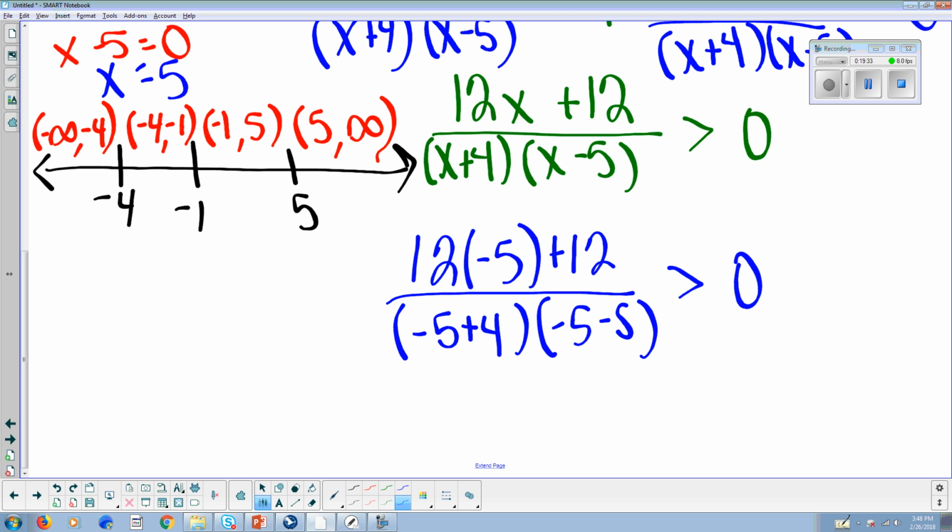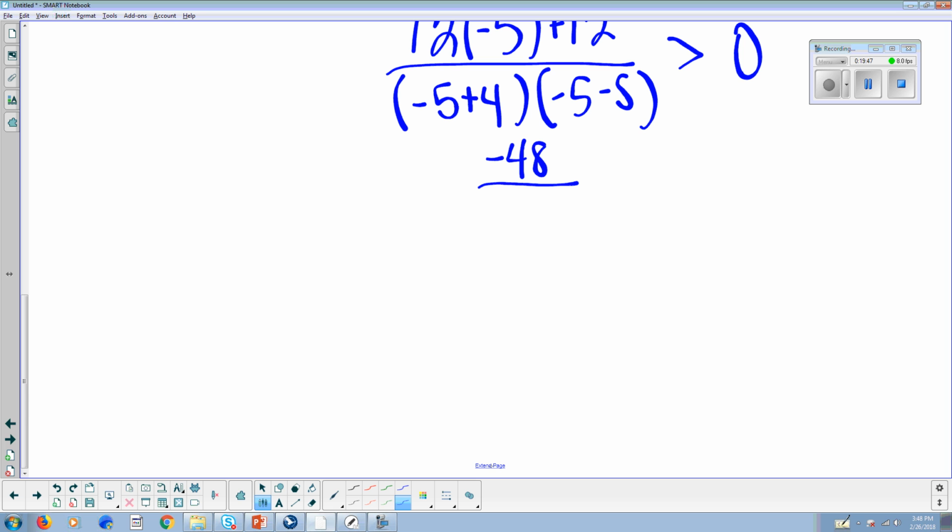Okay, in my numerator, 12 times negative 5 plus 12 simplifies to be negative 48. And in my denominator, I get negative 1 times negative 10. So that's negative 48 over 10, which is clearly a negative answer, and that is not greater than 0.